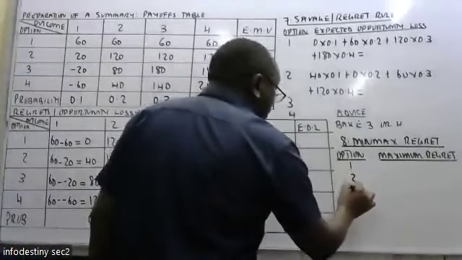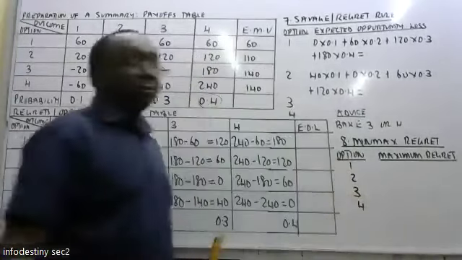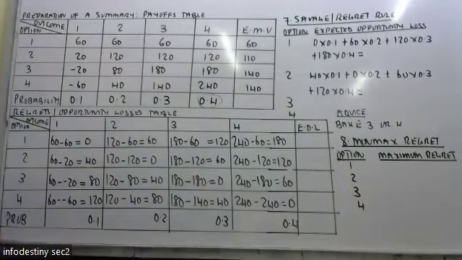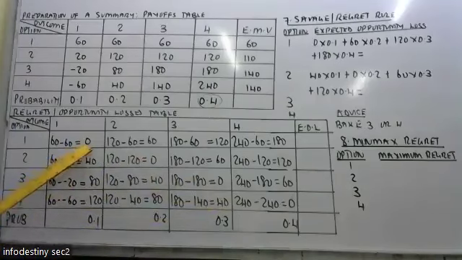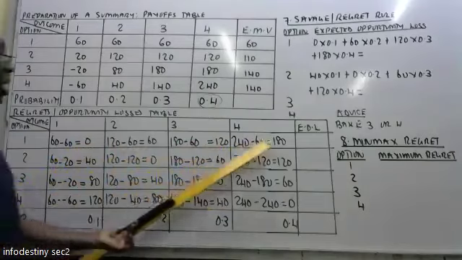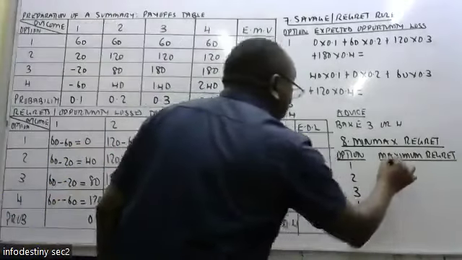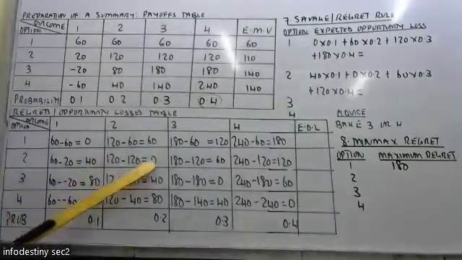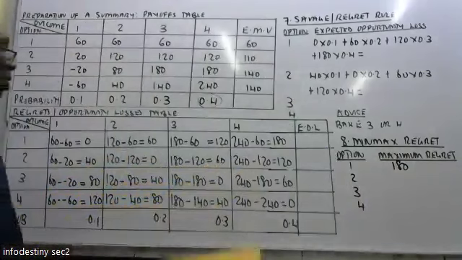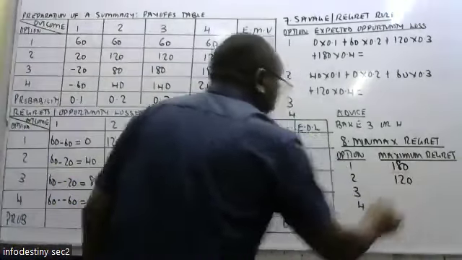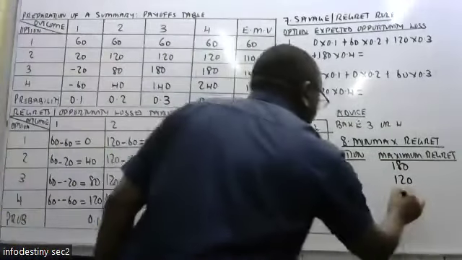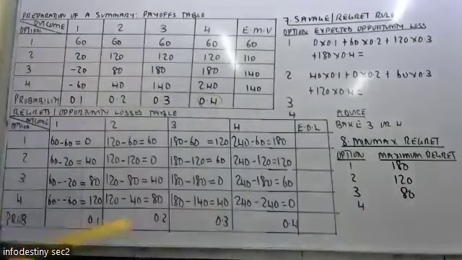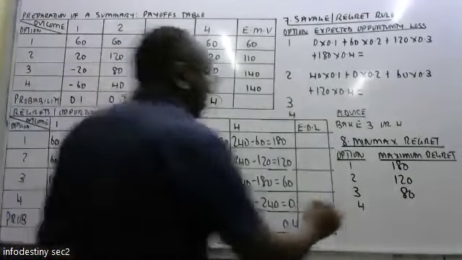So that's number 1, 2, 3, 4. Here the maximum regret for this one is 180. If you follow number 2, the maximum is 120. When you follow number 3, the maximum is 80. And when you follow number 4, the maximum is 120.